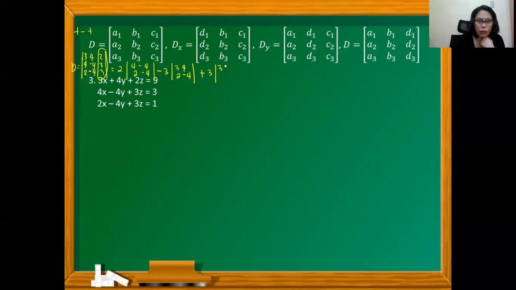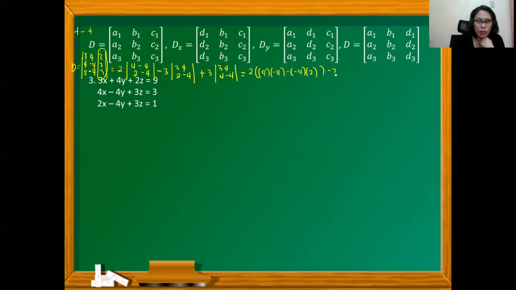So this is now equal to 2 quantity, the product of 4 and negative 4 minus the product of negative 4 and 2.